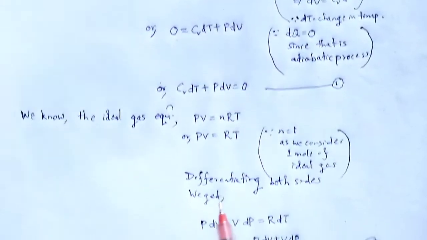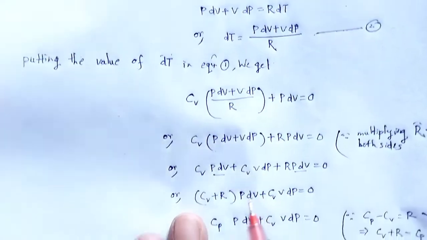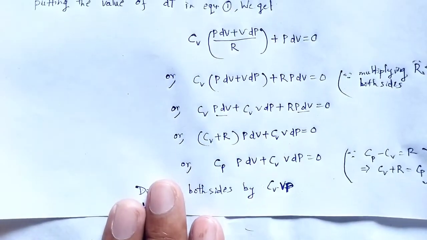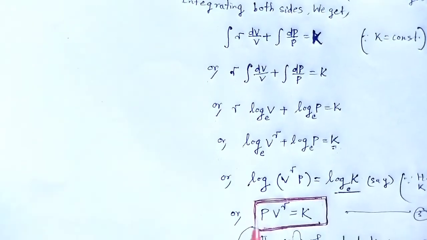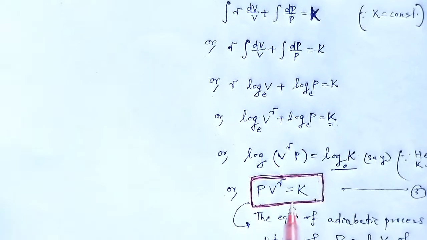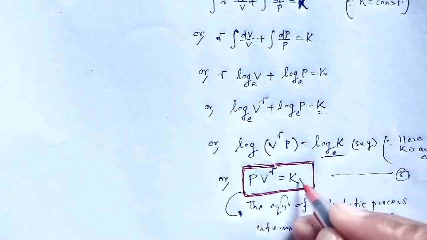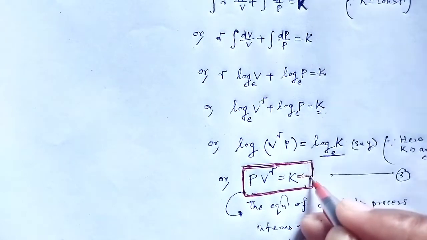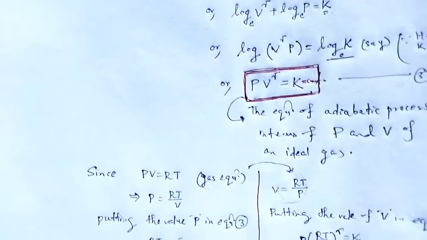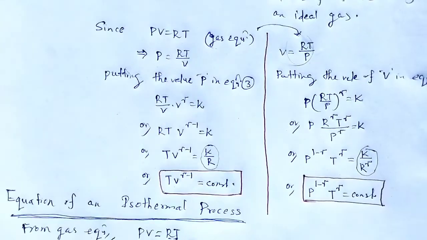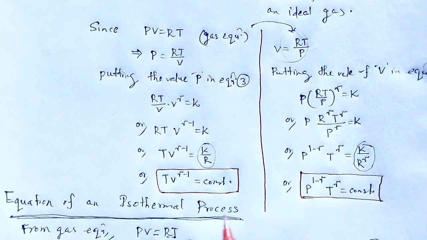We proceed like this, simple mathematics applied here. PV to the power gamma is equal to K, that is the constant. Then the equation of the adiabatic process in terms of temperature and volume, and in terms of pressure and temperature.